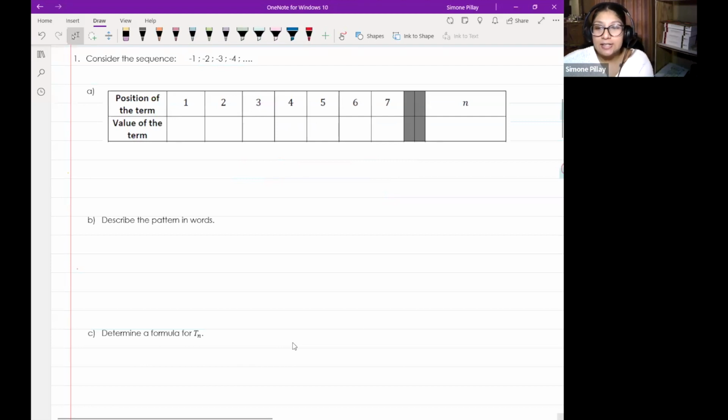So they say consider the sequence -1, -2, -3, -4. Not difficult. Can somebody tell me what am I doing to get to the next term? What do I have to do to go from one term to another term? Thank you, Tando.